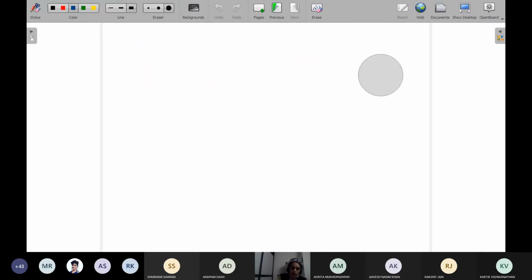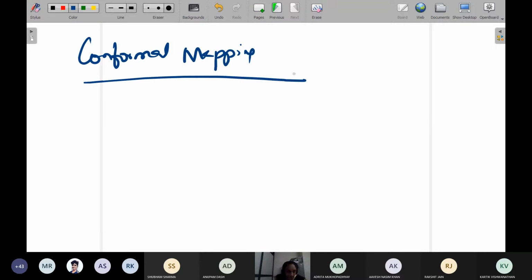How will it be? In terms of a complex number or complex function. You can just take down a mapping, because I didn't give you the definition on that day.